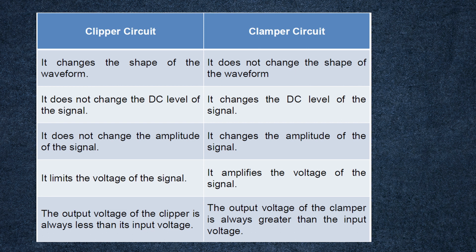And the last difference is that the output voltage of the clipper is always less than its input voltage. This we have seen from the waveforms of the clipper and clamper circuit, and the output voltage obtained in the clipper circuit will be less than that of the input voltage, and just opposite will happen with the clamper circuit, such that the output voltage of the clamper is always greater than the input voltage.